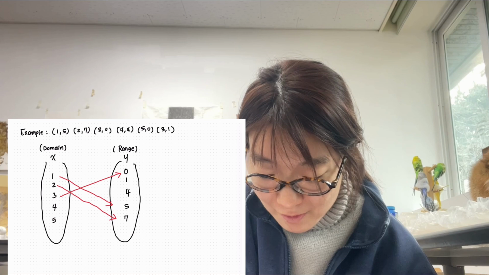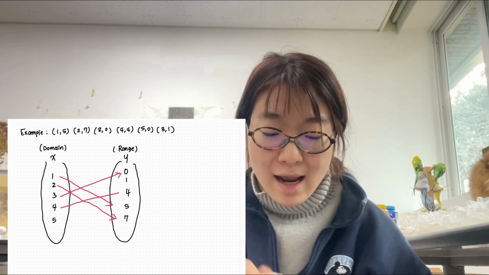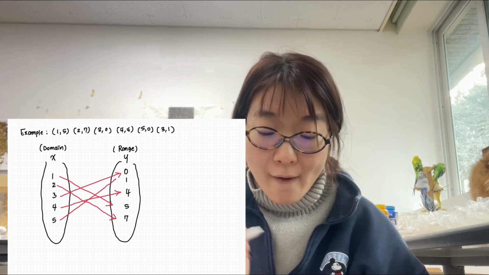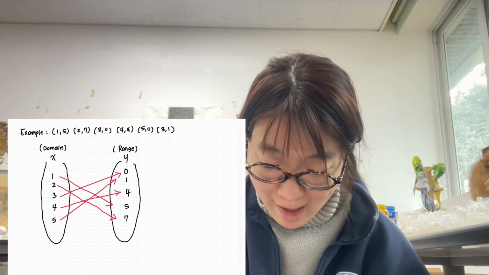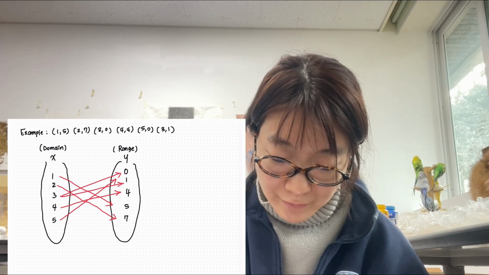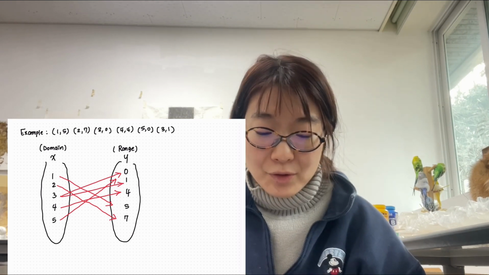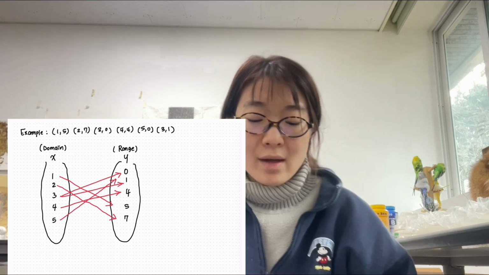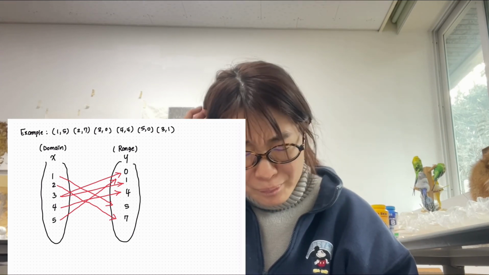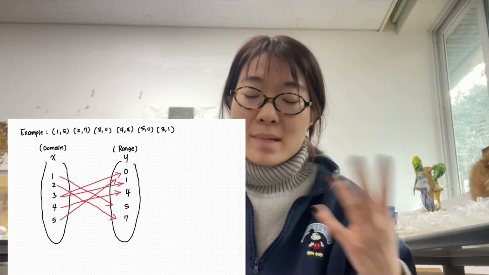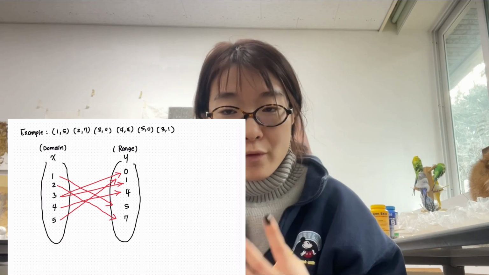So 2 matches up with 7 and 3, 0. 3 matches up with 0. 4, 4. 4 matches up with 4. 5, 0. 3, 1.